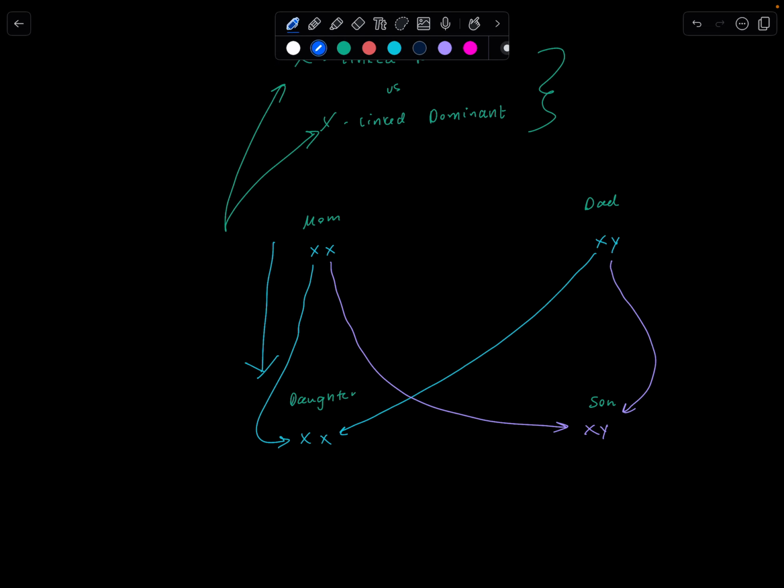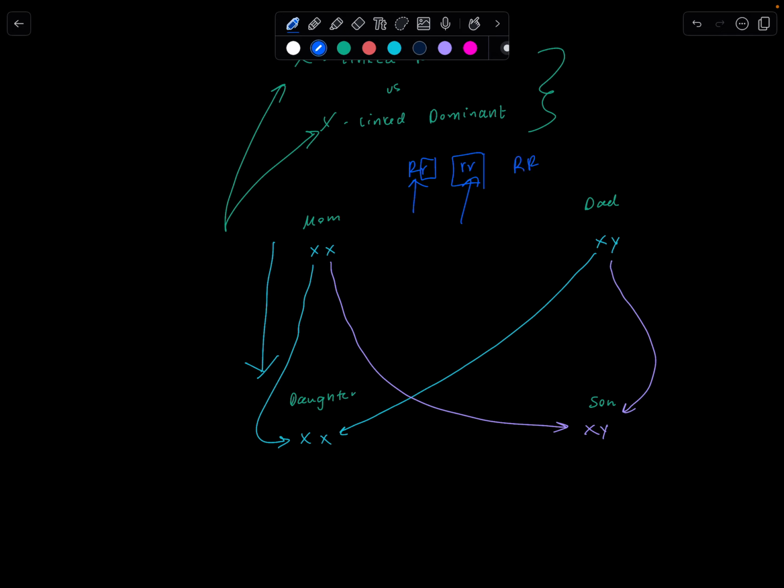Recessive, we know, means that both alleles have to be the mutated form in order to have the disease. So if it was this, you would not have the disease because you only have one lowercase r, which is the recessive mutation.